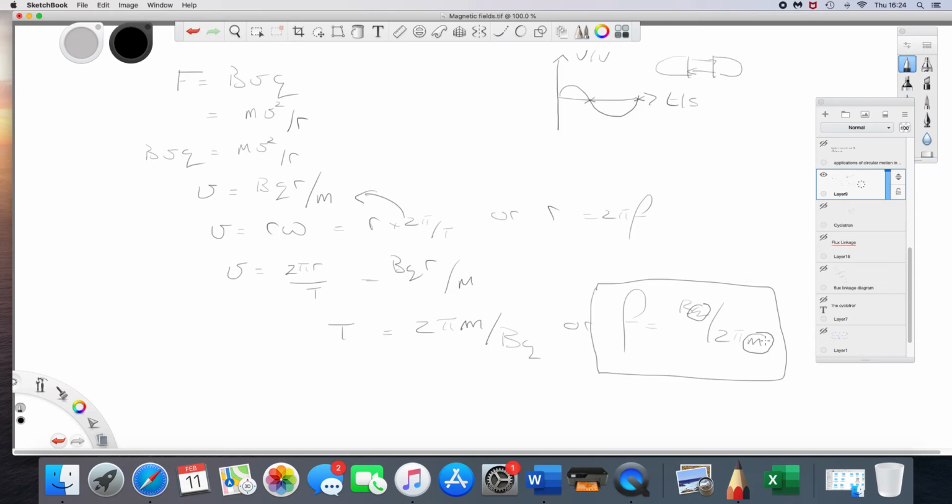And so if the mass increases, then the frequency clearly has to change so that the acceleration occurs at the right times, at the right points in the oscillation. So it is no longer a cyclotron, but a synchrotron. Or a cyclosynchrotron.